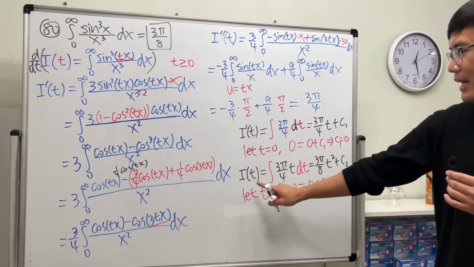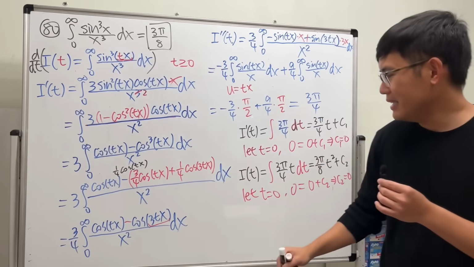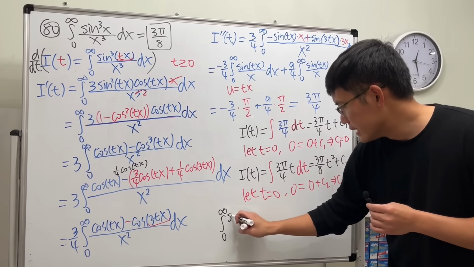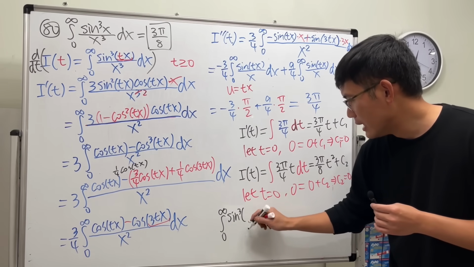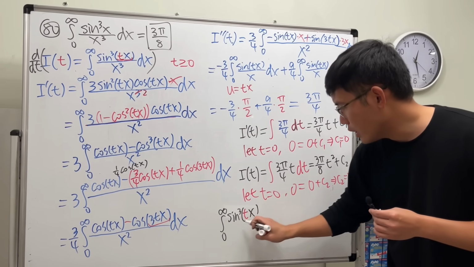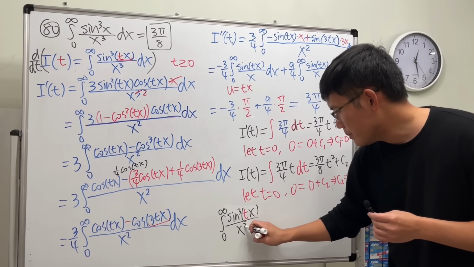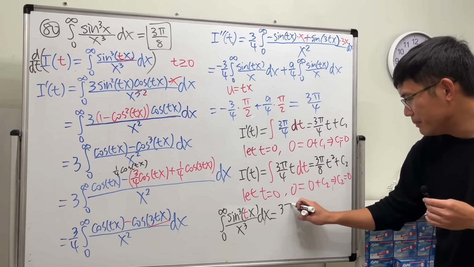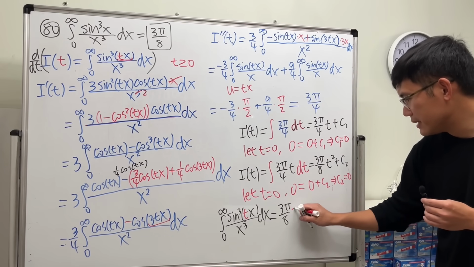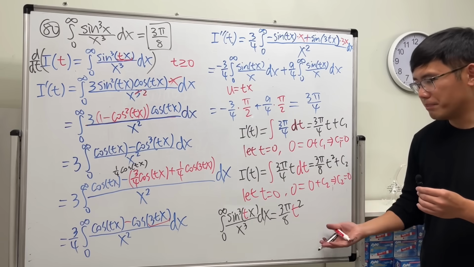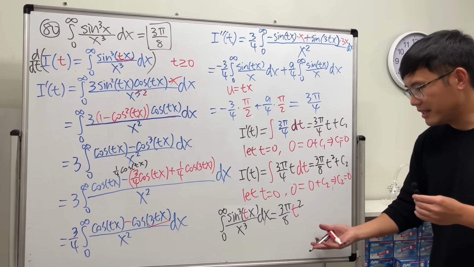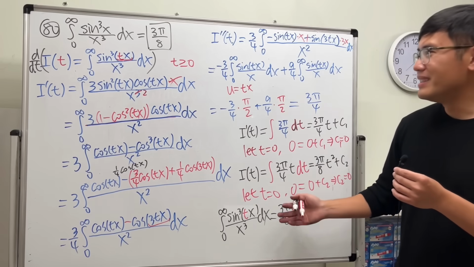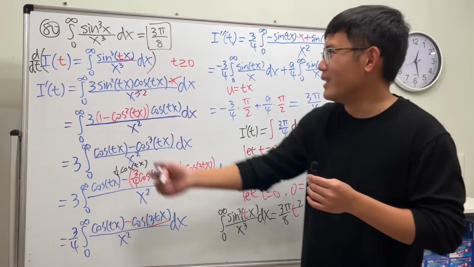Ladies and gentlemen, I of t, which is this guy, integral going from 0 to infinity of sine to the third power tx over x to the third power dx is equal to 3 pi over 8 t squared. Yes, I'm not kidding. And when t is equal to 1, that's exactly what we wanted.